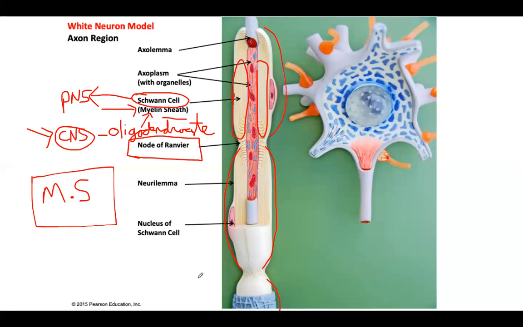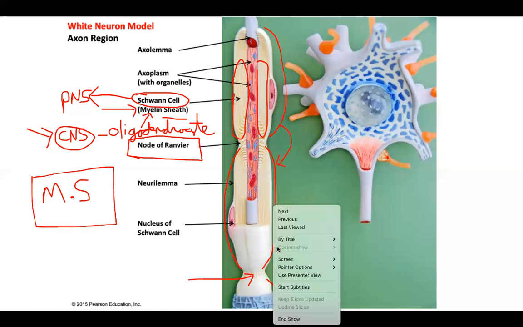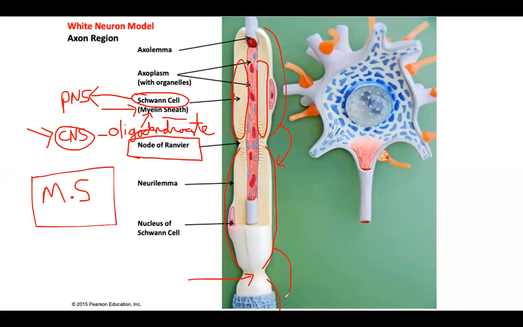The node of Ranvier happens to be that junction where two separate Schwann cells come together. Okay, and the node of Ranvier is where these electrical impulses jump or leap. They will jump over one node to the next Schwann cell.